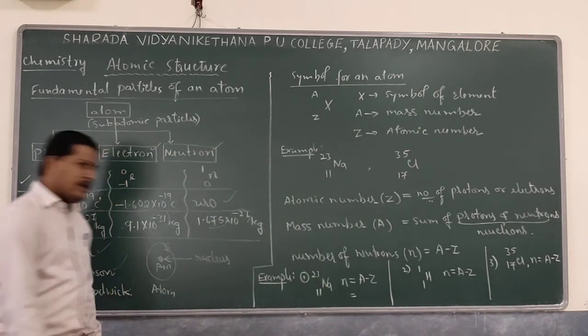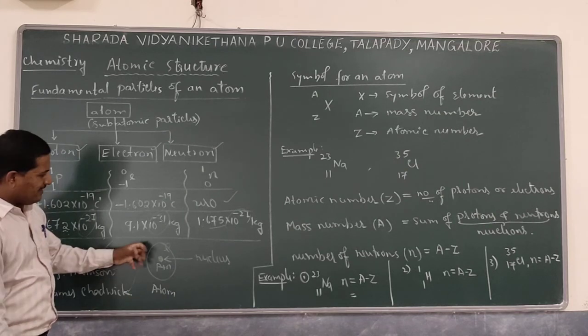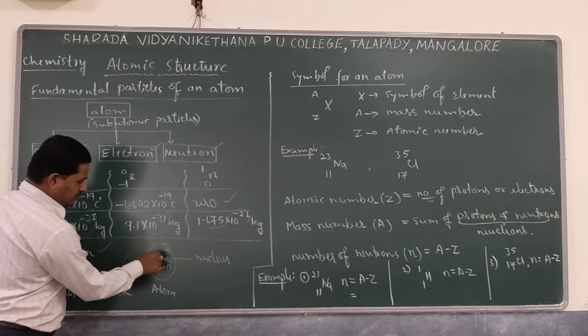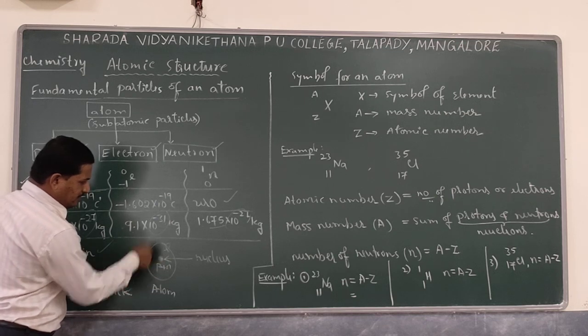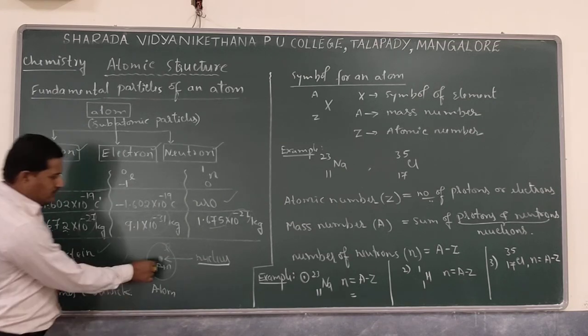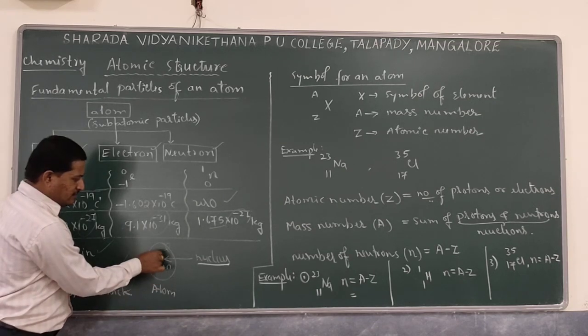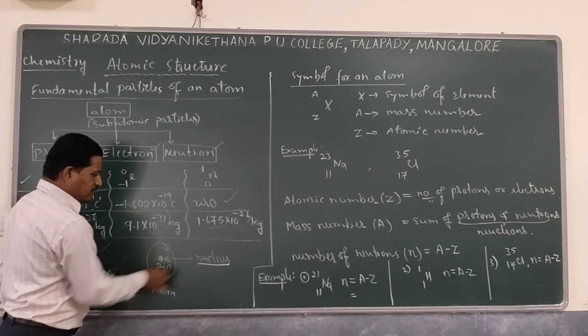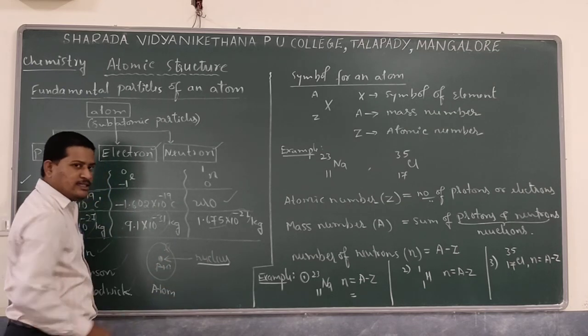Normally atoms are represented with a diagrammatic representation. Let us say this is an atom. Protons and neutrons are present in the center of that atom, and that is called the nucleus. Proton and neutrons present at the center of the atom is nothing but the nucleus. So the nucleus is made up of two fundamental particles, one proton and the other one neutron.